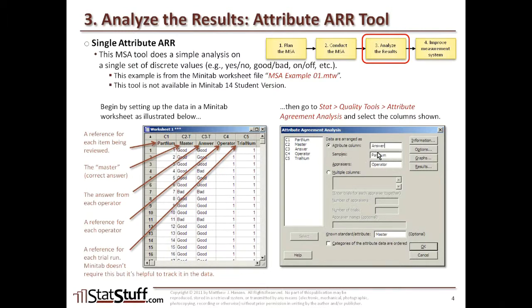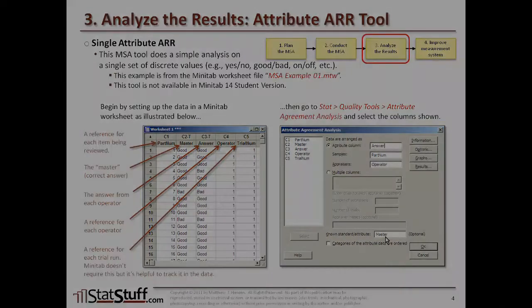The samples refer to the part number or whatever item number you used to reference each thing being compared as a unique value. And appraisers are the operators used for the study. If you have the known standard it's comparing to, you can identify that here as well. And you click OK, and then next we're going to look at the actual output that's run from Minitab.